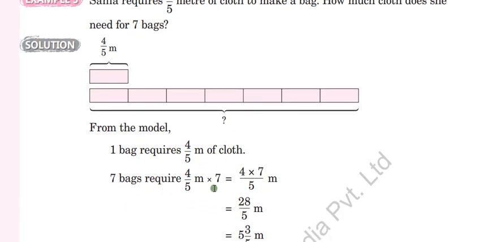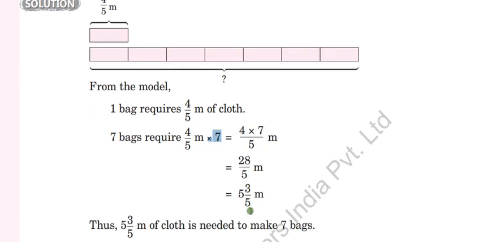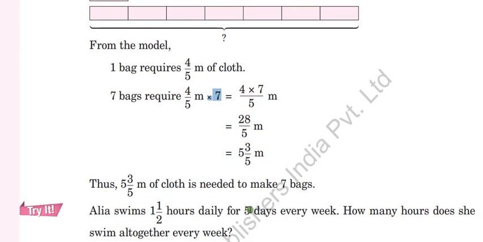For 7 bags, we will have to multiply. When the quantity for 1 is given and we require for more, we always multiply. That's a very important concept. You try to remember this thing. It's given for 1 and we require for more, then we multiply. So on multiplication, as you know that it's only multiplied with the numerator, it comes out to be 28 upon 5 meter, or 5 and 3 by 5 meter.